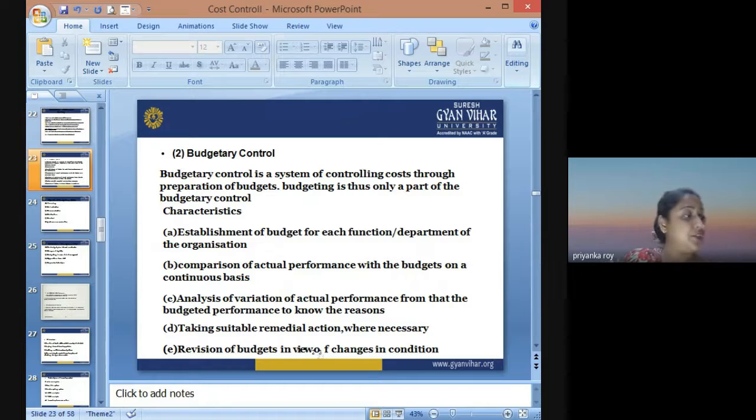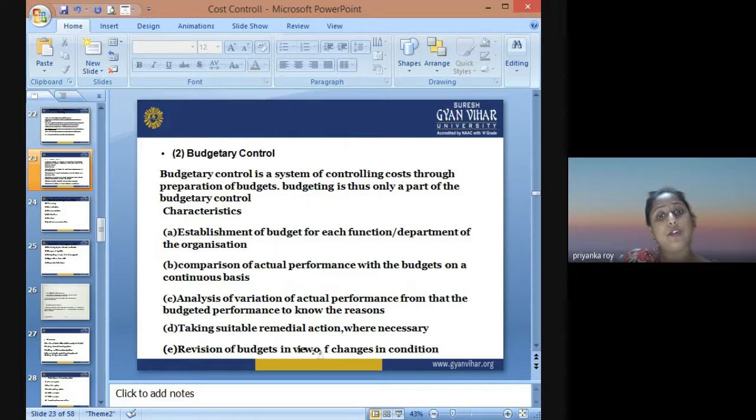Then you have budgetary control. Budgetary control is a system of controlling costs through the preparation of budgets. Budgeting is thus only a part of budgetary control. It involves establishment of budgets for each function, department, or organization, and comparison of actual performance with the budget on a continuous basis.